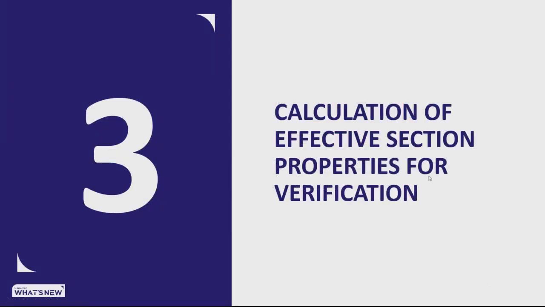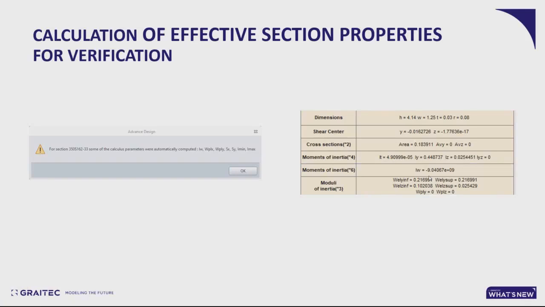So, calculation of effective section properties for verification and design. Advanced Design will automatically perform the calculation of effective width and effective area for cold form sections. As you know, for cold form section design, we need to calculate those parameters to verify our sections.